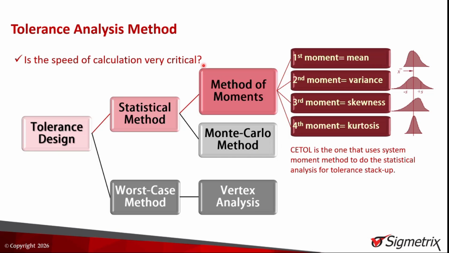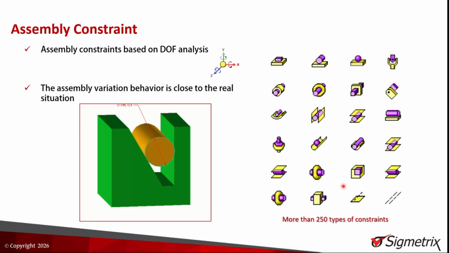But CETOL is not a simulation tool. It is a mathematical solver. That's why it's a very fast solver. For the features that CETOL can do, as I say, it is quite similar to doing the assembly in the CAD.